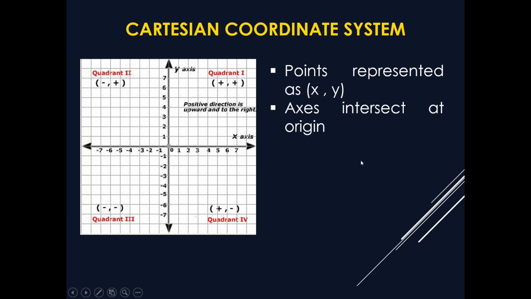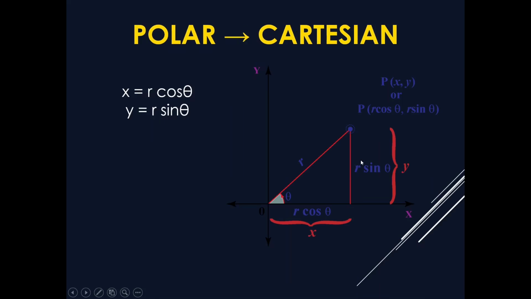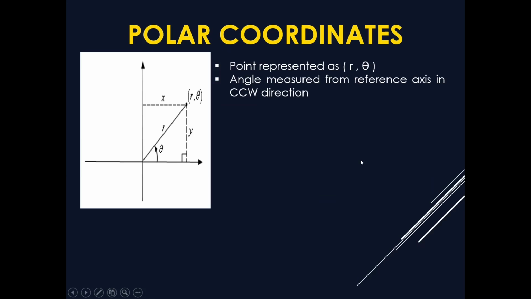This particular thing is called the polar coordinate system, where we define the position of a point with respect to r and theta, an angle measured in the counterclockwise direction. So from this particular triangle, if we try to convert the Cartesian system into the polar coordinate system, it will be very easy using trigonometry.